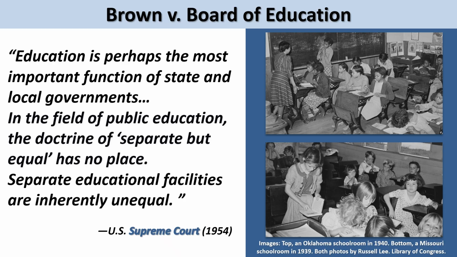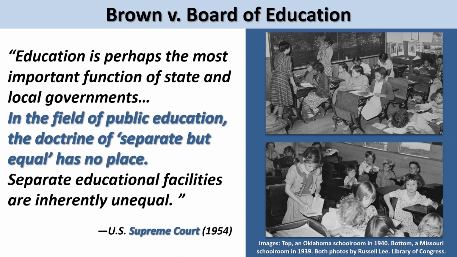Because the Constitution does not allow states to make laws that take away citizens' rights, the justices of the Supreme Court said that in the field of public education, the doctrine of separate but equal has no place, and states could no longer make laws requiring separate but supposedly equal schools.